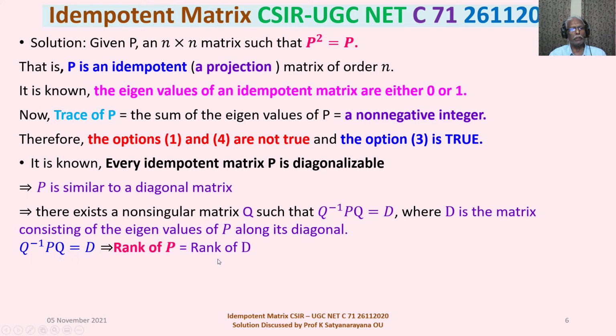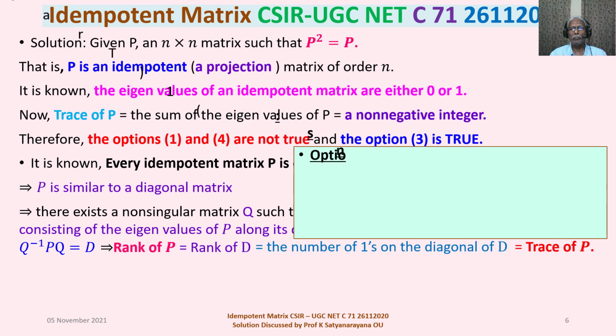Therefore, rank of P is equal to rank of D. This implies the rank of the diagonal matrix D will be the number of ones on the diagonal of D. The number of ones on the diagonal of D is the trace of D, and this is the same as the trace of P. So rank of P is equal to trace of P.